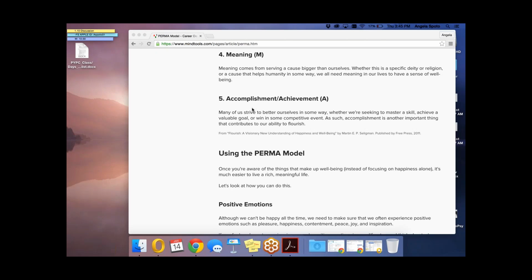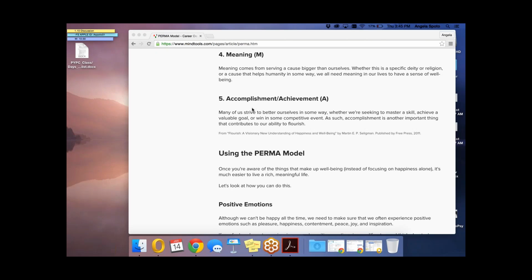All right. And then the last one is accomplishment. And really, what this says is you might see it referred to different ways. It could be accomplishment, it could be achievement. And so in our readings, we use achievement. Okay. If you're doing some research on your own, you might see it called accomplishment, but it's one and the same.